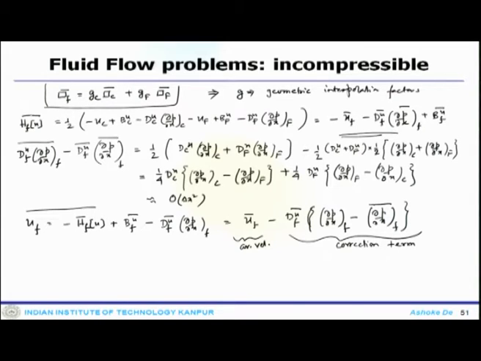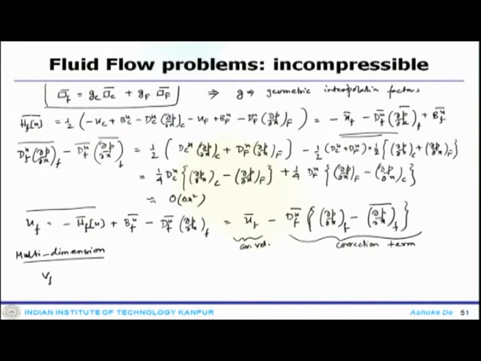So, one can think of that way that now this is in one dimension. If you have multi-dimensional, you get V and W component.